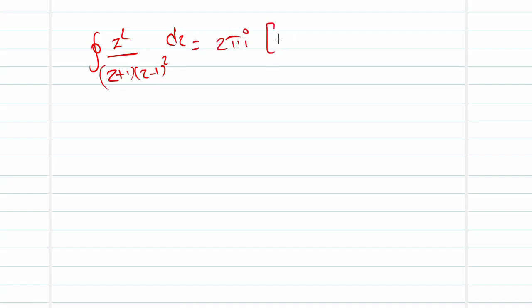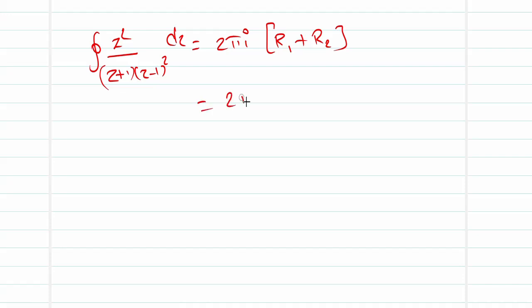So the value of the integral, integral of z square by z plus 1 into z minus 1 the whole square dz, is 2 pi i times residue 1 plus residue 2.